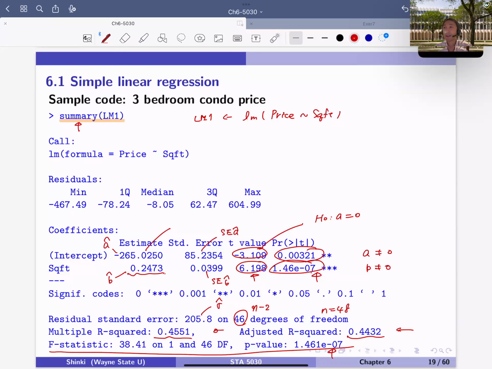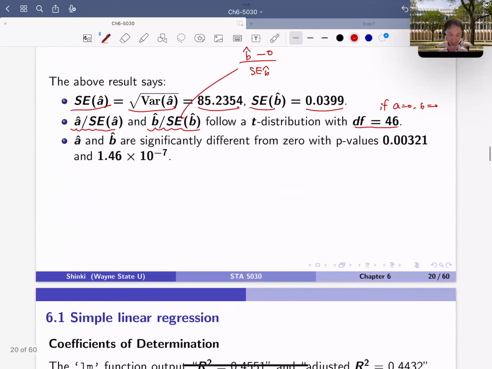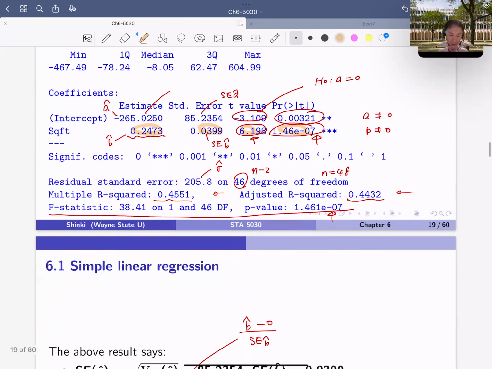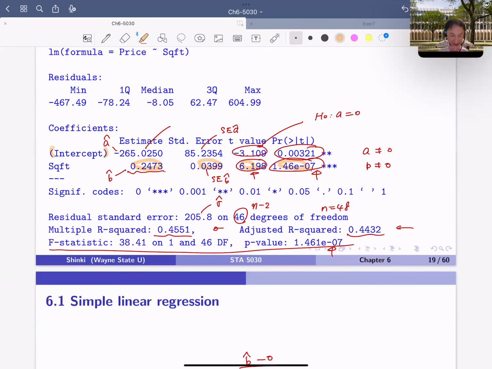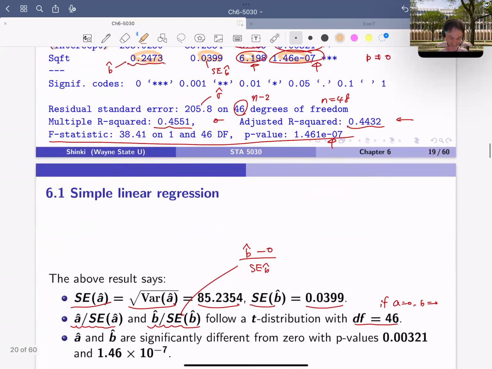But sometimes it's hard to interpret the intercept. So often the most important quantity is the slope and the test result for the slope. They put the intercept in parentheses, which indicates it's slightly less important.